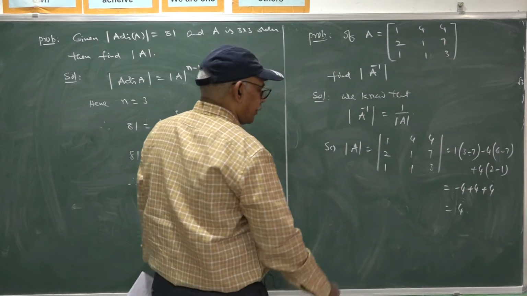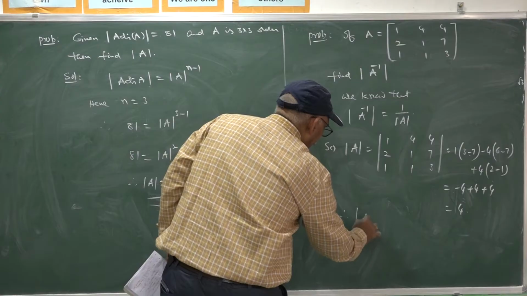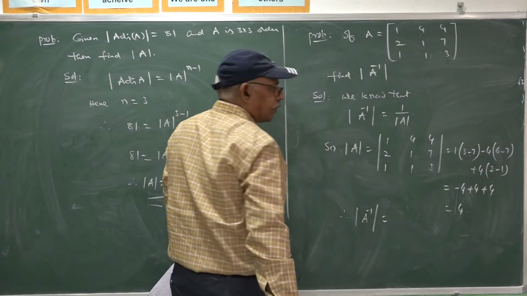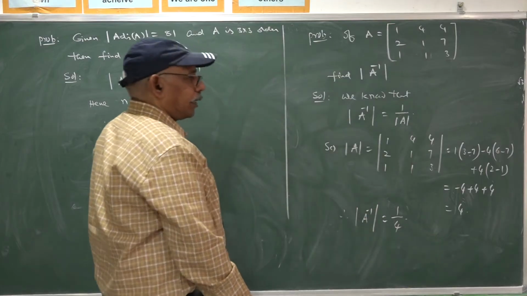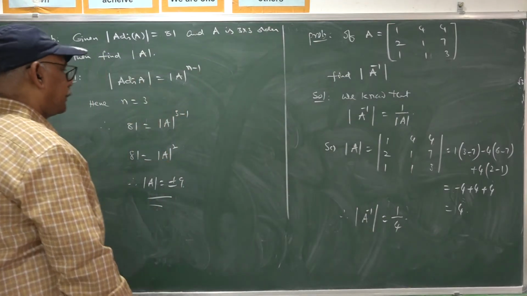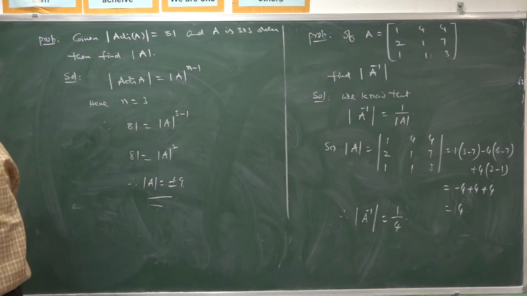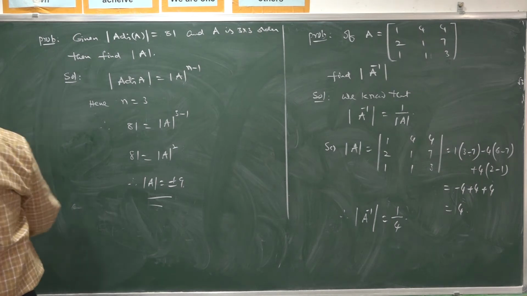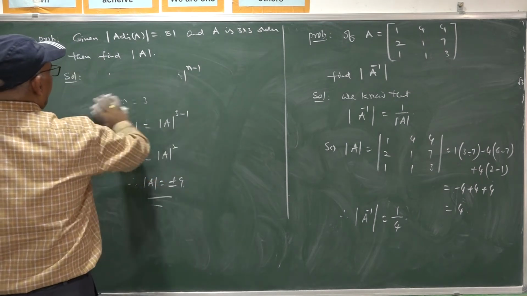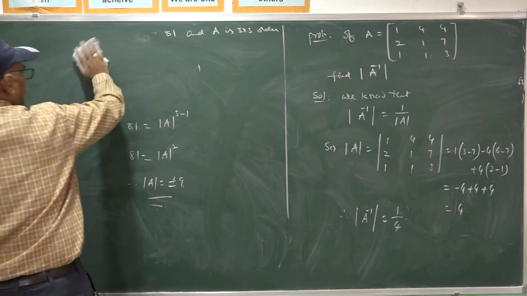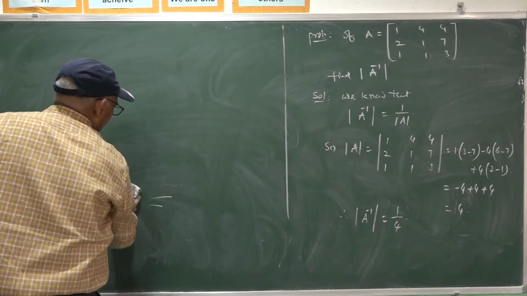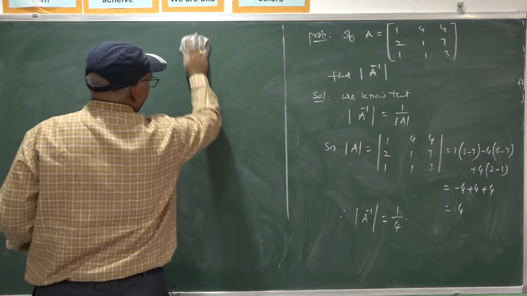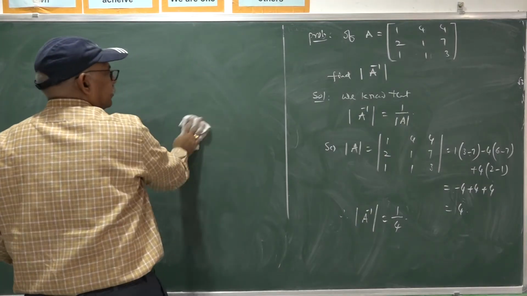Once det A is 4, therefore the determinant of A inverse is 1 by 4. The required value is 1 by 4. You need not find A inverse here. Once you are familiar with this formula, you need not find A inverse to get the determinant of A inverse.